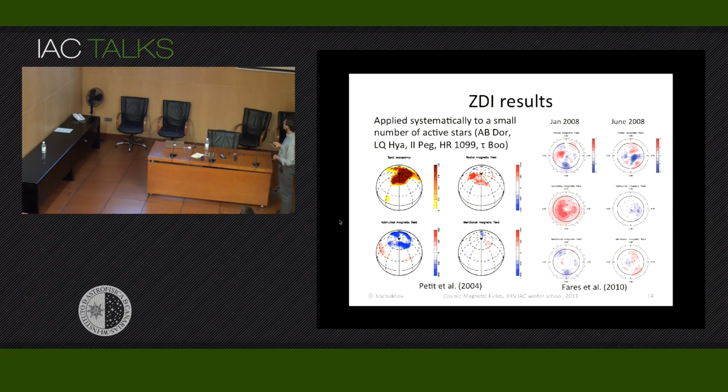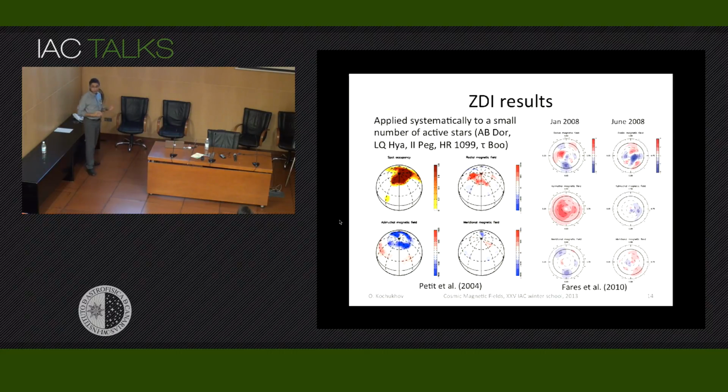And then these are the three components of the magnetic field, so radial, azimuthal, and meridional field. You might not see exactly what the scale is here. It goes up to 1 kilogauss, +1, -1.